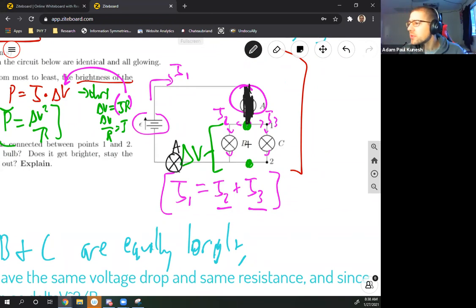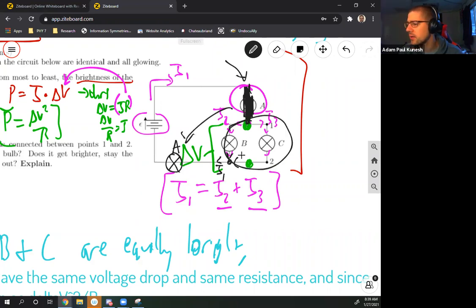It would still be receiving the same current as it was up here. The currents I2 and I3 recombine at this junction to make I1, the same current that it was making before exiting the battery. So moving the bulb to a different position where it's still in series with this section gives the same brightness.